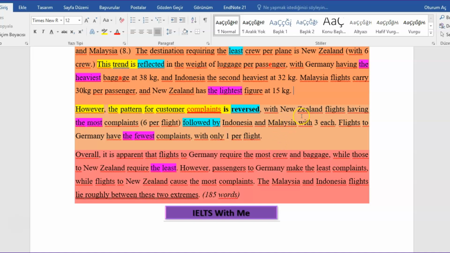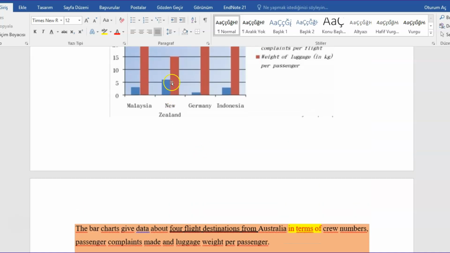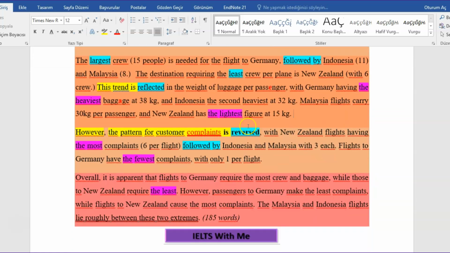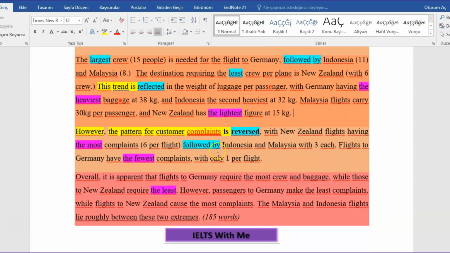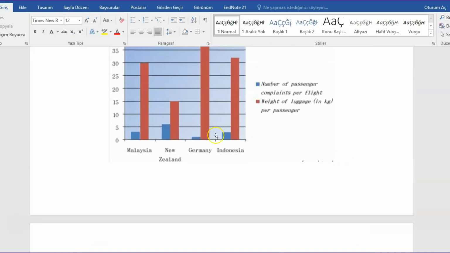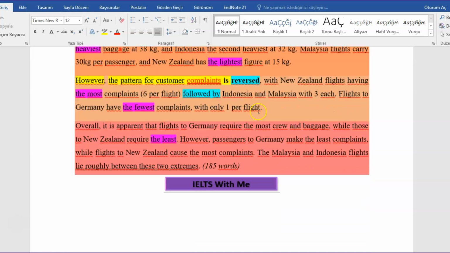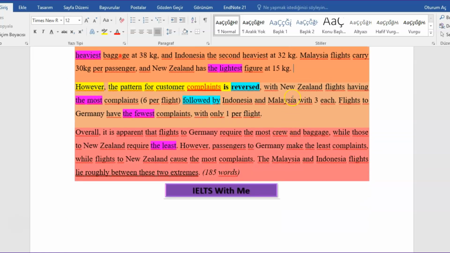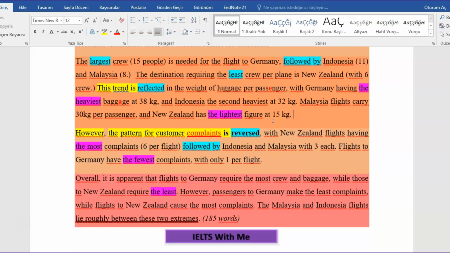New Zealand flights have the most complaints, 6 per flight, followed by Indonesia and Malaysia with 3 each, right? Flights to Germany have the fewest complaints, with only 1 per flight, okay?